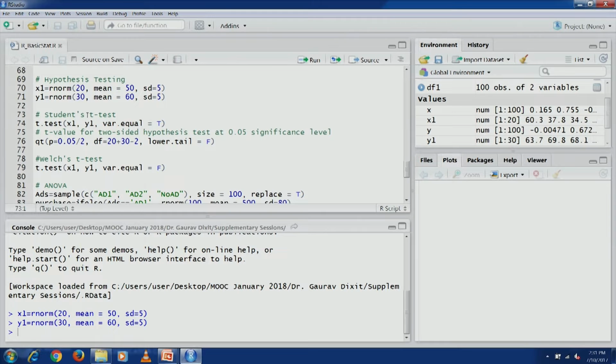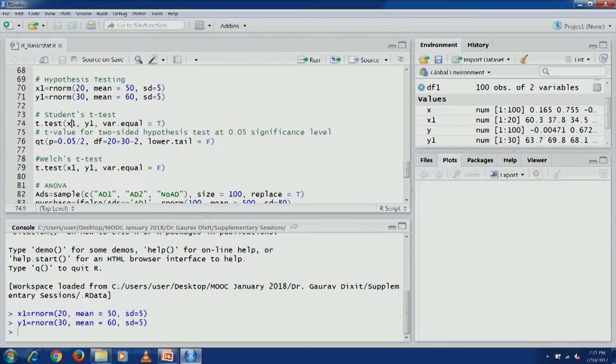Now, let us come to student's t-test. We have this t.test function that is available in R, and it can be used to run our student's t-test. In the t.test function we pass x1, the first sample, and y1, the second sample, and there is another argument called var.equal.